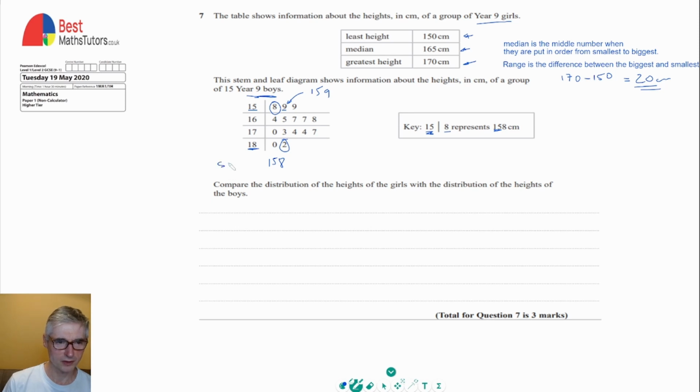So the smallest is 158, and the largest equals 182. Because we are going to compare the girls and the boys, we could also work out the range. So the range for the boys is 182 minus 158, and if we work that out, that's 24.